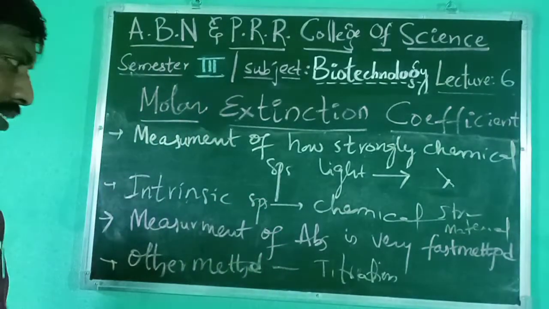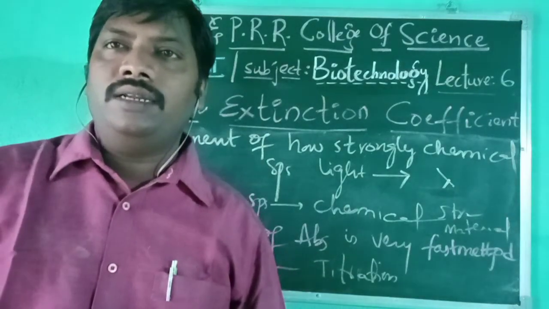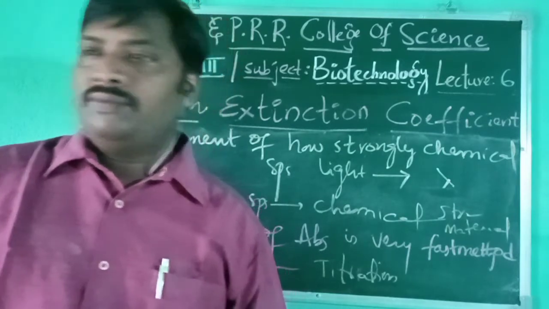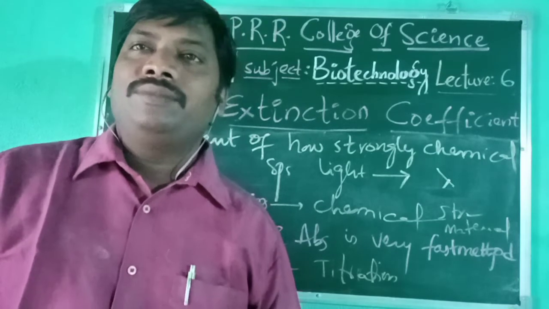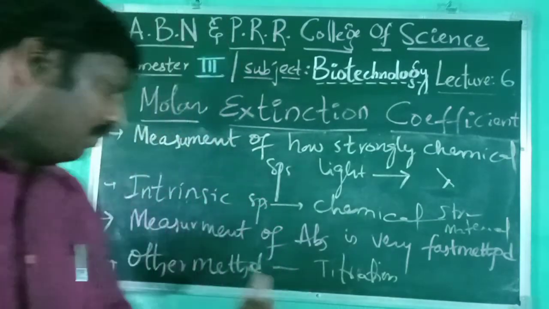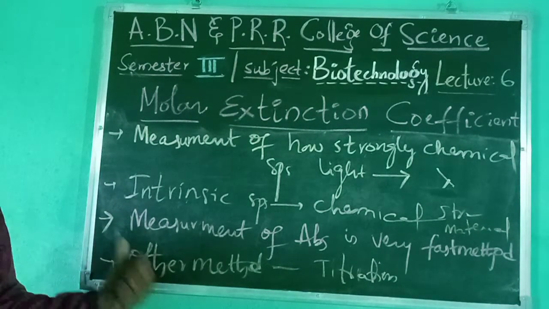The third one is that measurement of absorbance is a very fast method. So here the measurement of absorbance is a very fast method for determining the chemical concentration and species in the solution. And the fourth one is the other methods. What are the other methods?